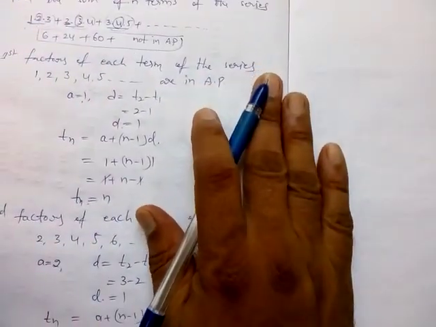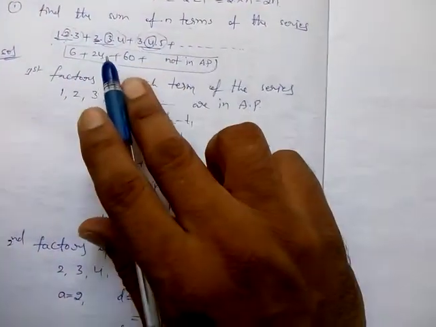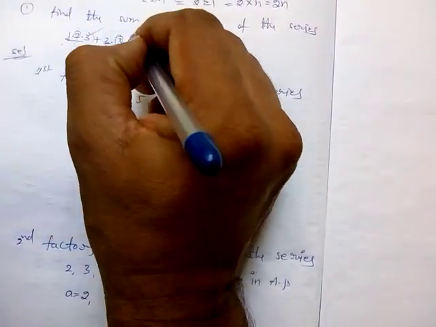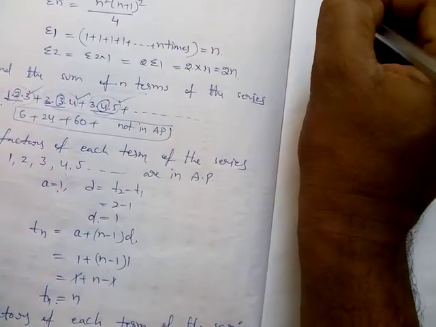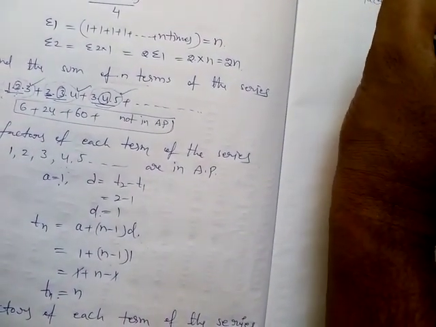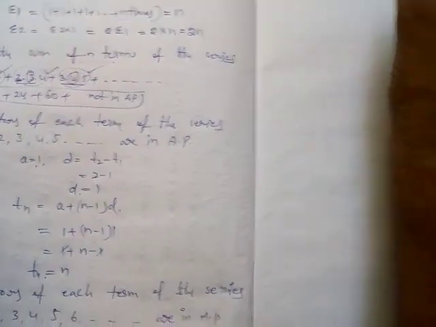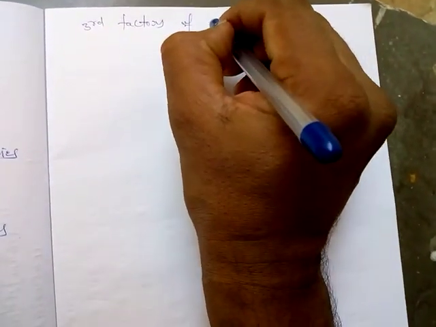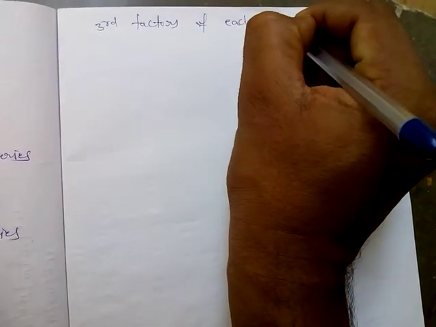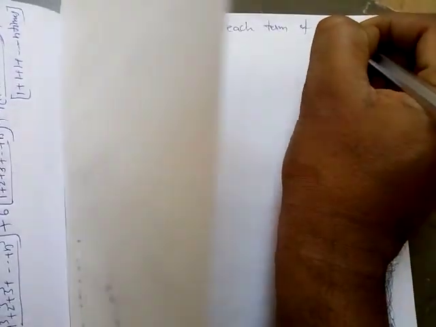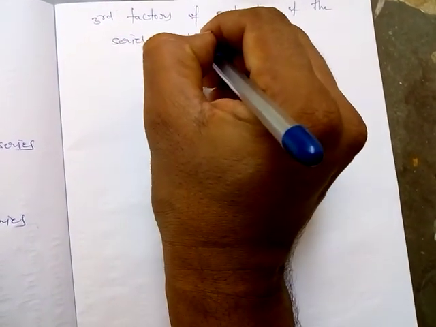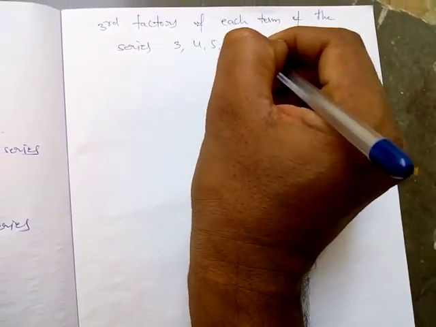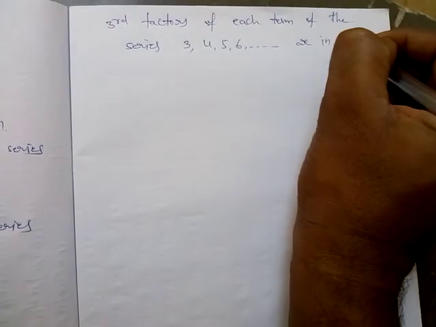Similarly, we have to find the nth term of the third factors: 3, 4, 5, next one 6. The third factors of each term of the series, 3, 4, 5, 6 and so on, are in AP.